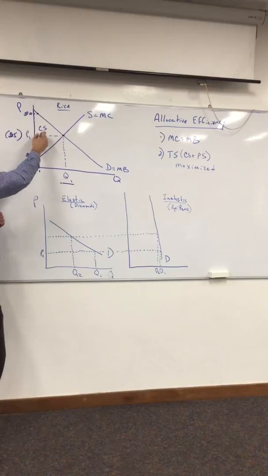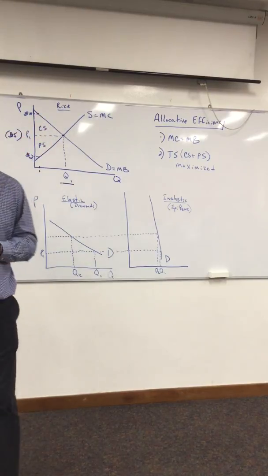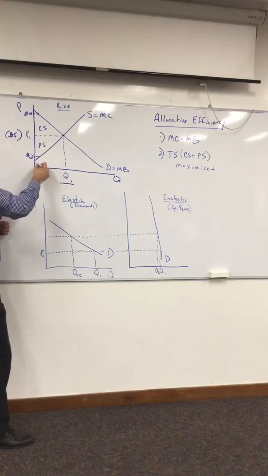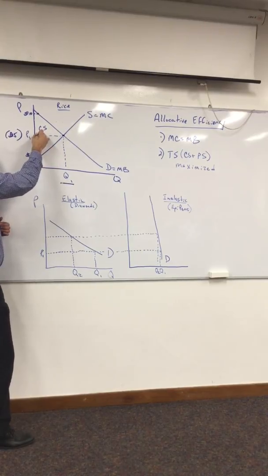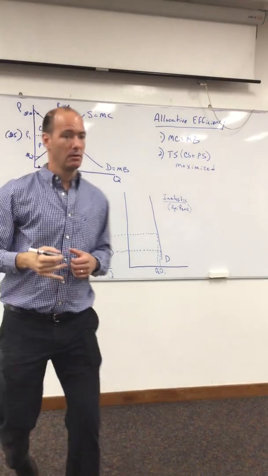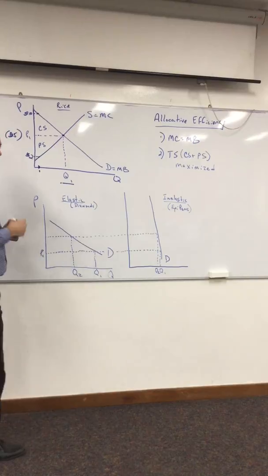So what that means is that there are some people who value the good and would pay more than $5, but they don't have to. So you can see with this first unit, whoever buys this first unit of output, this first unit of rice, pays $5, but would pay $10. Okay? And so we say that person gets $5 worth of consumer surplus.